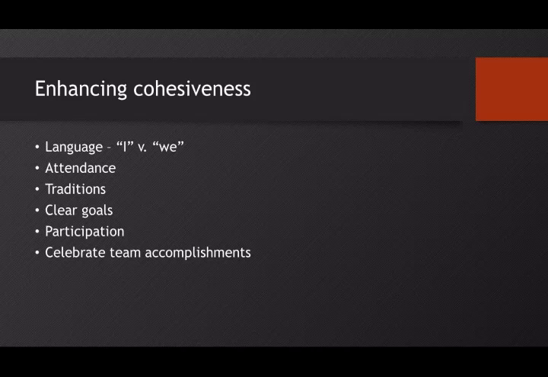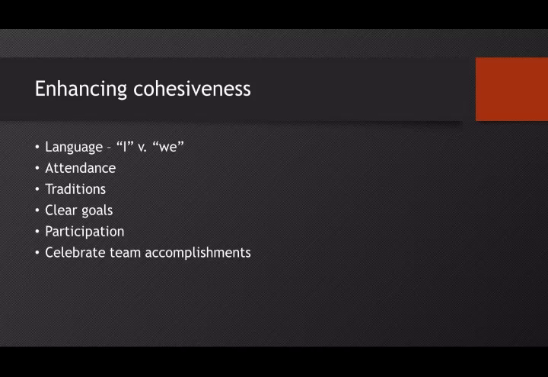Traditions and team accomplishments also go hand in hand. It's important to have regular traditions that the group follows in order to find that sense of closeness amongst them. Celebrating team accomplishments can be part of those traditions.